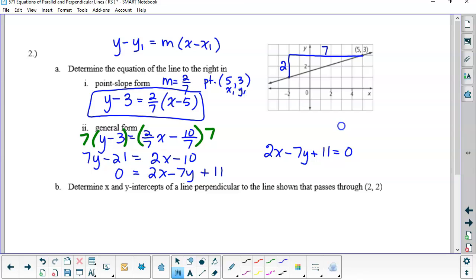If you wanted to put it in slope y-intercept form, I would expand, do this part here, and then you would add 3. So the slope is 2/7. That makes sense. And your y-intercept, negative 10/7 plus 3. Well, 3 is 21 over 7, so that will be 11 over 7, which is more than 1, but less than 2. So estimates, if you check it, it looks like it's on track.